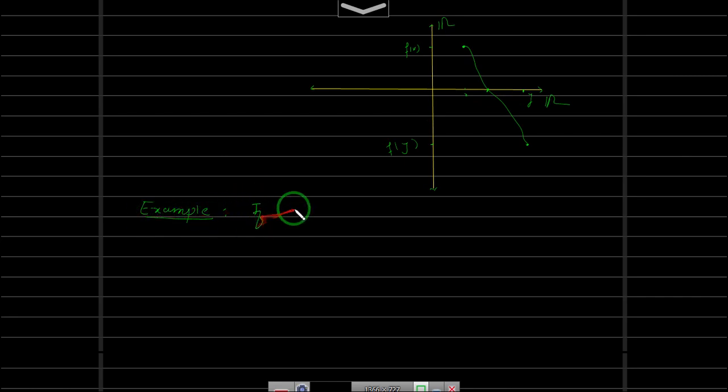If f is a function from R to R that is continuous, and say if you take 2 points such that f(x) times f(y) is negative, so it can be that f(x) is positive and f(y) is negative, or f(x) is negative and f(y) is positive.